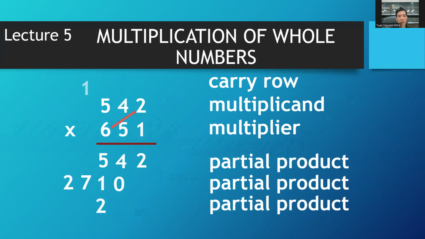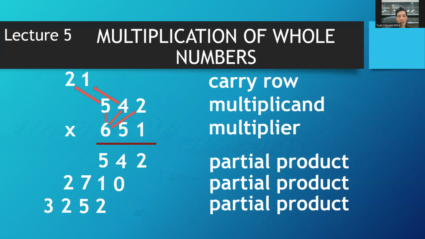And you write the carry row 1 here. And next step, you multiply 6 by 4 and add 1, so you got 25, write 5 here, and write the carry row 2. And last step, 6 by 5 and add 2, so you got 32.